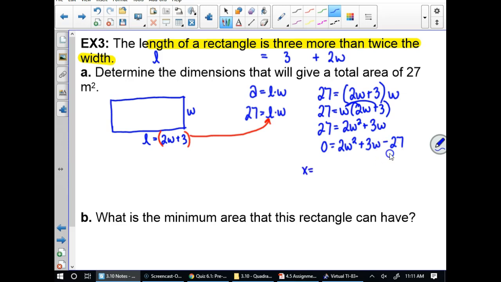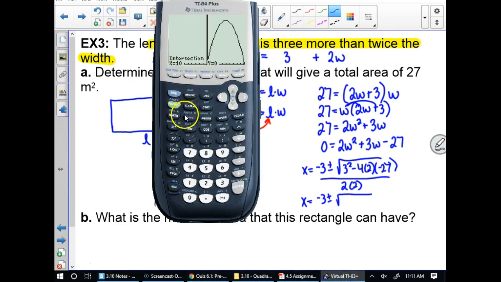So x equals the opposite of b plus or minus the square root of b squared minus 4ac, all over 2a. So we get negative 3 plus or minus the square root of 3 squared minus 4 times 2 times negative 27.